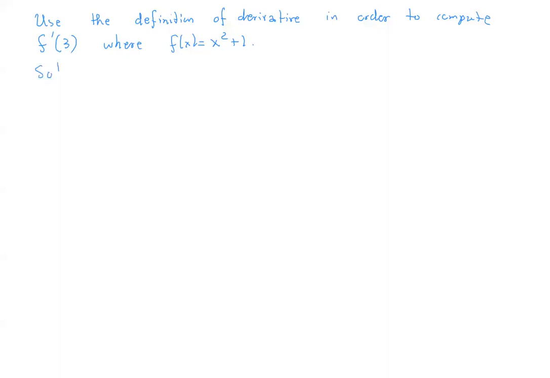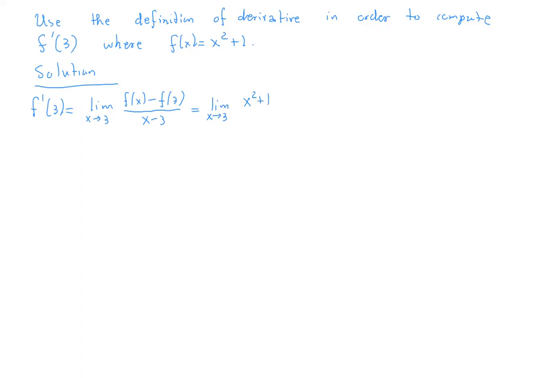So we start by writing the definition. So f prime at 3 will be the limit as x tends to 3 of f of x minus f of 3 over x minus 3. Now we want to plug in everything. So f of x is x squared plus 1.